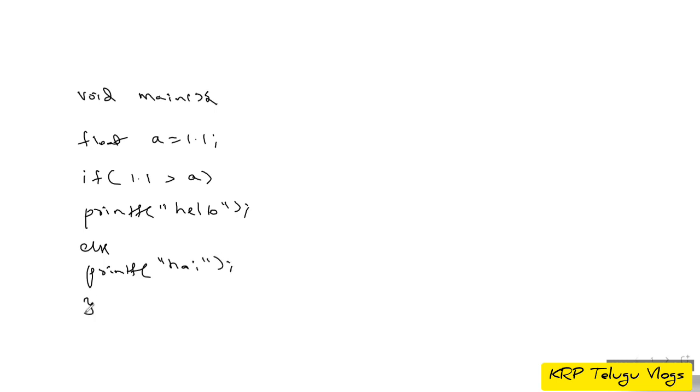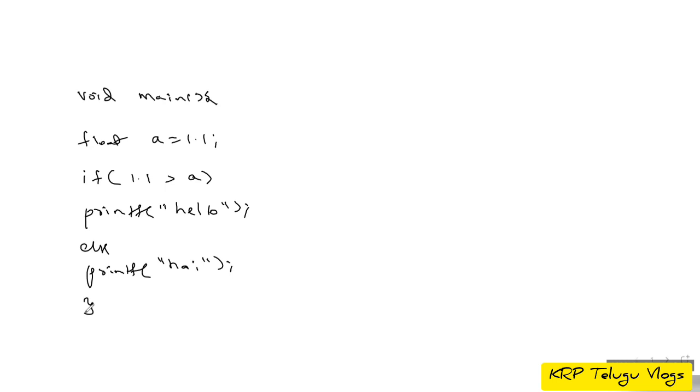If 1.1 is greater than a, printf hello, else printf hi. So what will it print? Hi or hello?